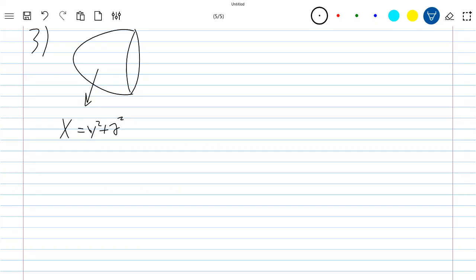So it's a paraboloid, but in the x direction, right? This is x. And this is x equals 2. So you cut it at x equals 2. Then you get a 3D domain. And let's find out the surface area, the total surface area.